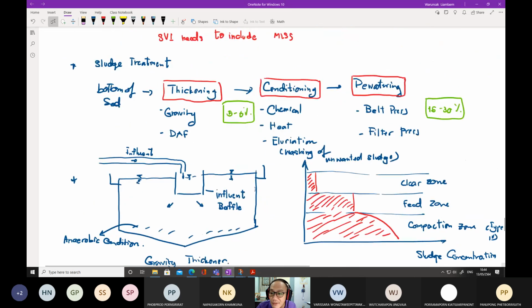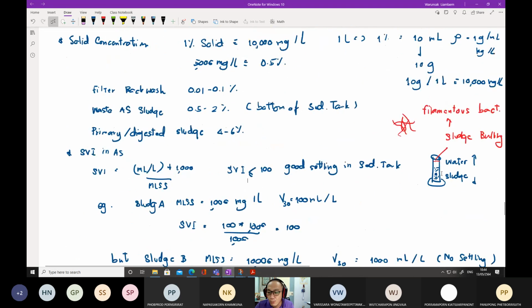Why? If you measure the V30, you collect the sludge from the aeration tank, put that mixed liquor suspended solids into a cylinder, and then at the surface you will find some sludge floating.